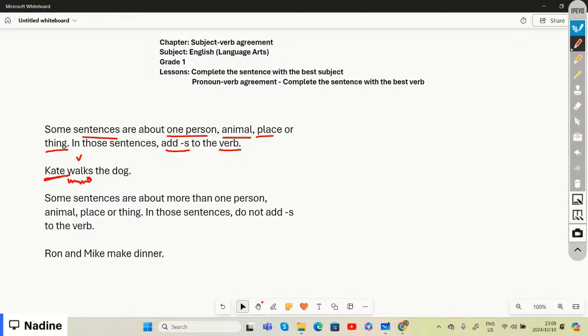And then we have some of the sentences that are also about more than one person, more than one animal, more than one place, or more than one thing.